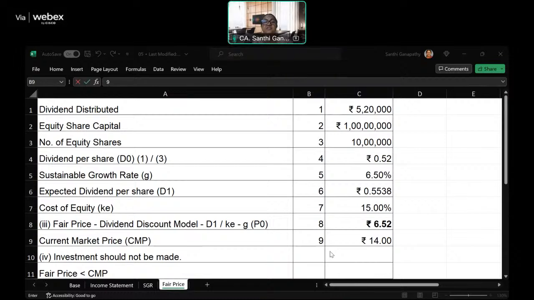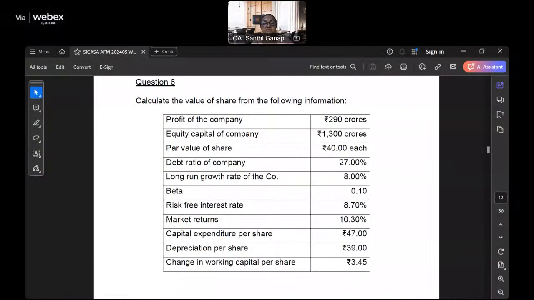Next, we can have a discussion on free cash flow. That's what we are going to discuss next. What is free cash flow? Now, the name itself tells you free cash flow.